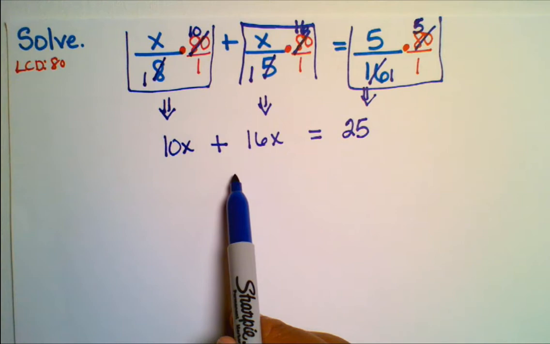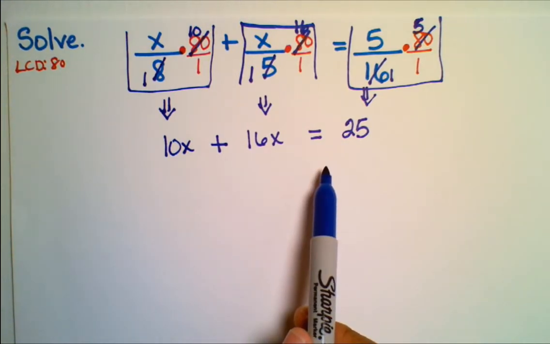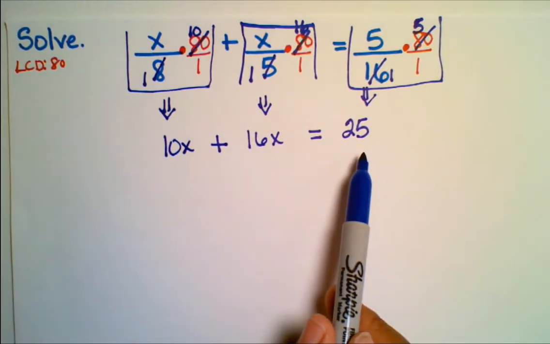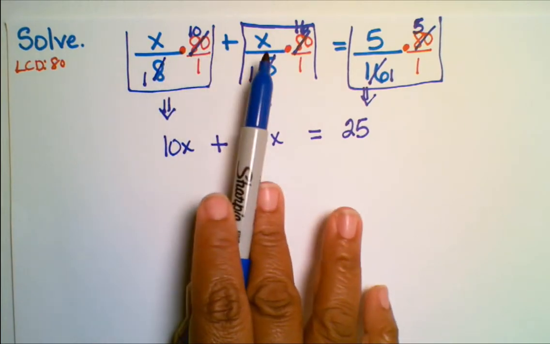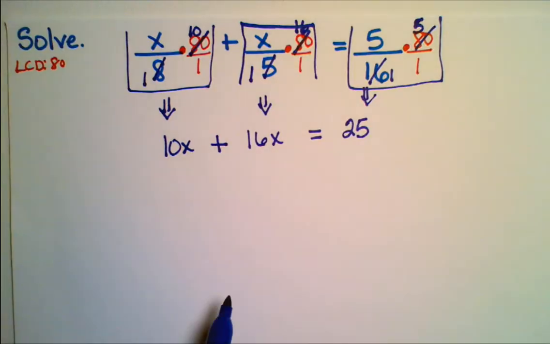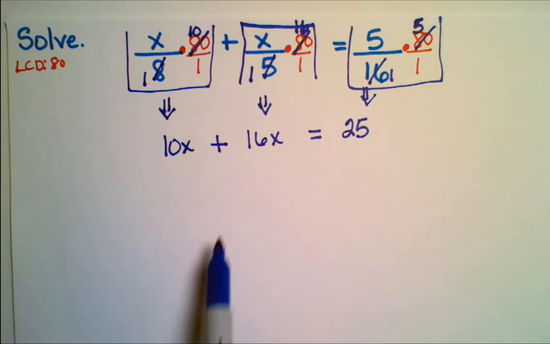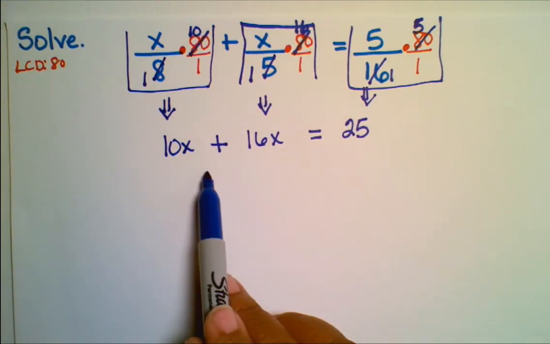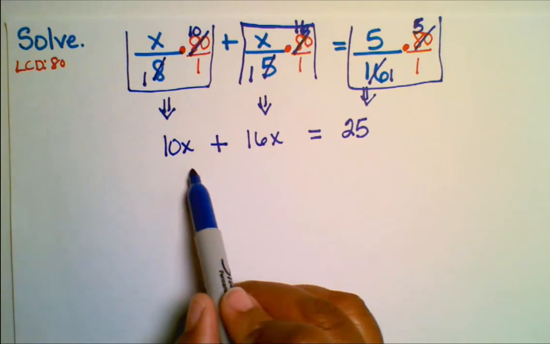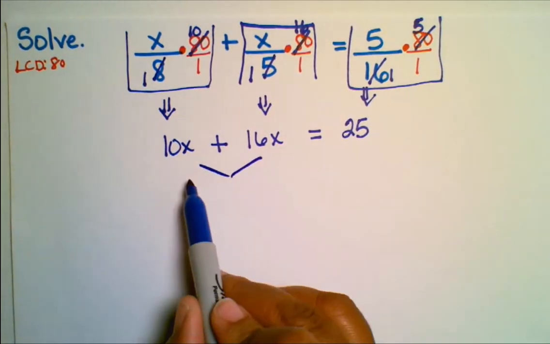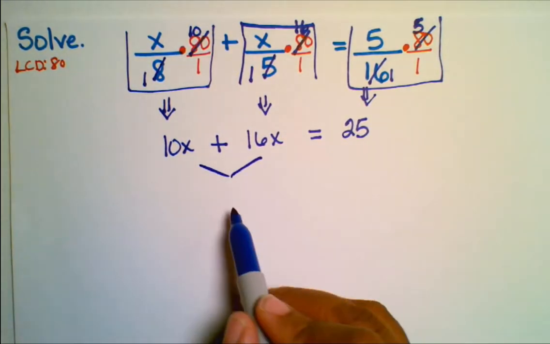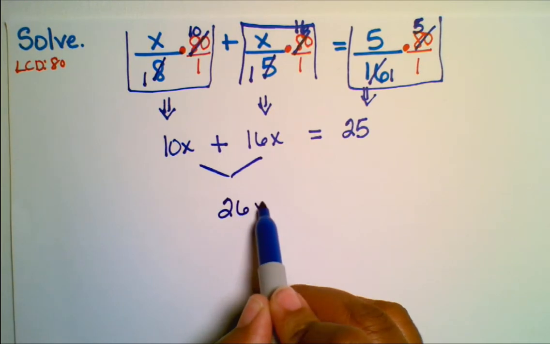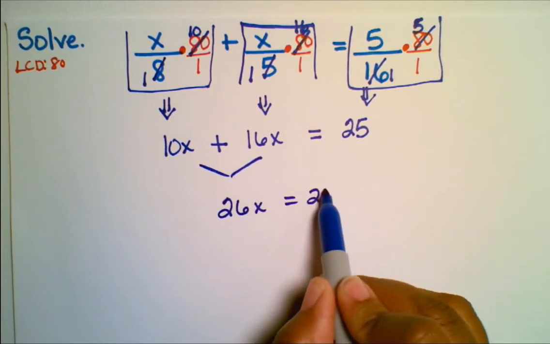10x plus 16x is equal to 25. This is the same equation, but without the fractions. So what do we know about solving equations? We want to make sure we combine the like terms. So we're going to add 10x plus 16x. That gives us 26x, and that's equal to 25.